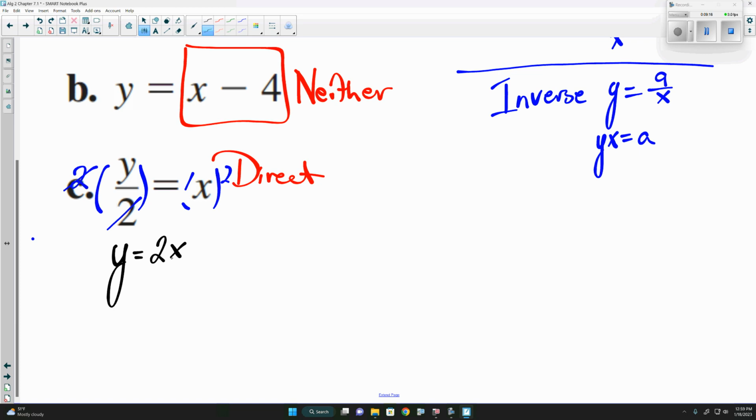Y is equal to a times x. So questions on these here? Really, even though it changes to 2 or 1/2, it's just a number.